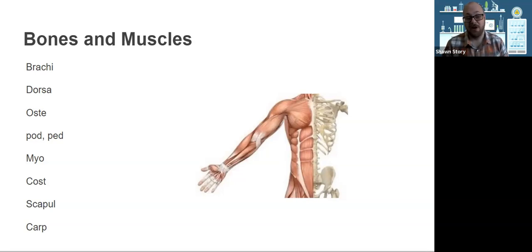Take a guess. Do we know any of these words? And think of words that we already know, like osteoporosis, carpal tunnel. Any guesses?